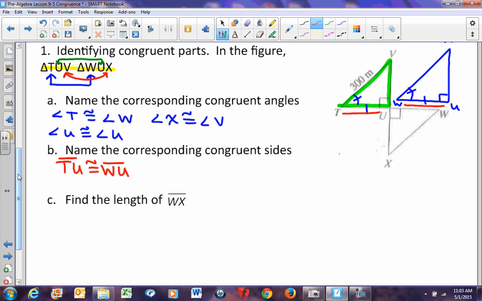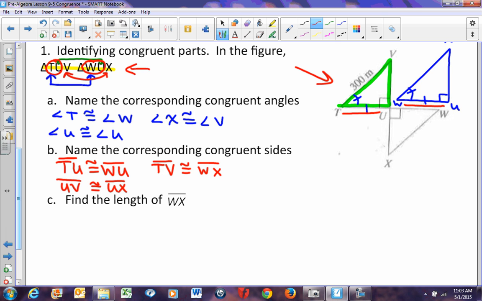I can have UV is congruent to UX. Okay? UV is congruent to UX, and last but not least, TV is congruent to WX. And I can either use the label of the figures, or I can use the figure itself.